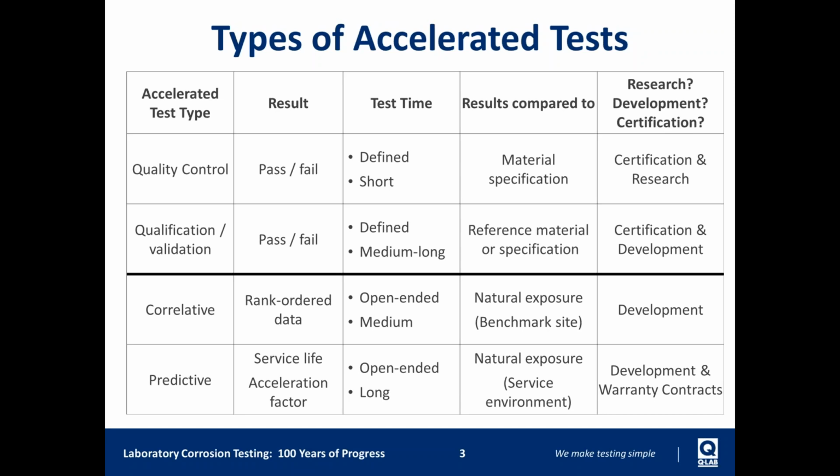These tests are designed to be very fast, and really what you're trying to do is find some sort of catastrophic failure in the material that you're running. It's not really necessarily used for development of new formulas, but it is used in certification that a supplier is giving you an appropriate material. Some research, you can do this as a quick test to compare a known formula to an unknown formula.